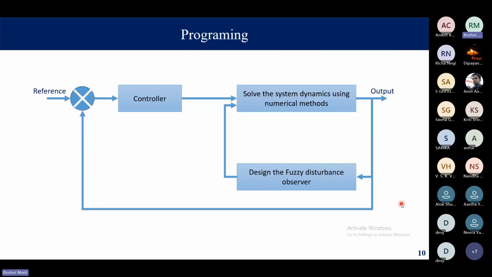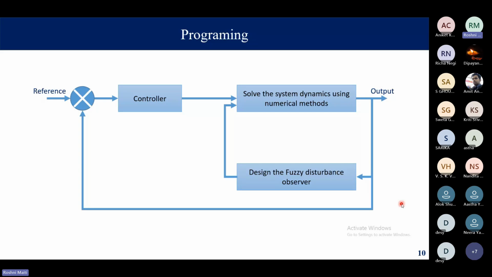from such kind of fuzzy logic controllers and all. So how to do their programming? To solve those systems, what our main motivation is, if we have the nominal system model, then we can use that system model.